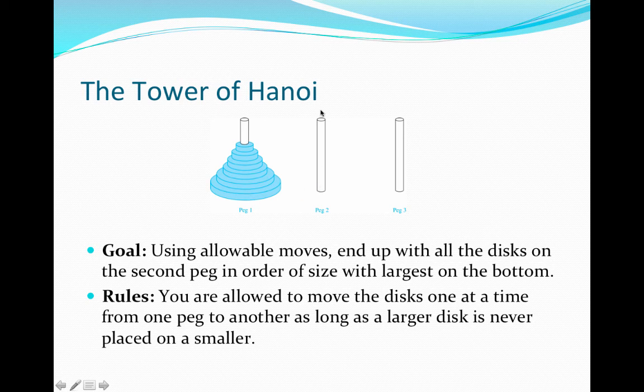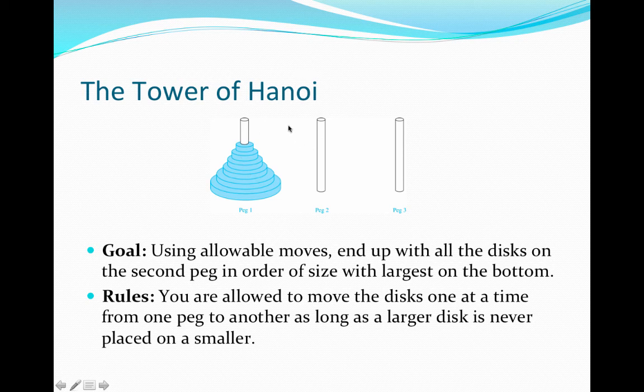So that's the idea of the Tower of Hanoi puzzle. And our goal is to determine the smallest number of moves of the discs to the pegs that will solve this puzzle to get this series of discs exactly like this, but on peg 2.